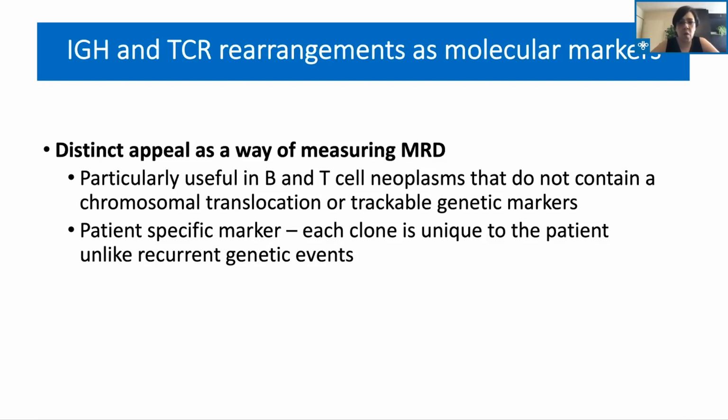Patients with a specific rearrangement that can be identified at the time of initial diagnosis usually have clones that are not only unique to the patient, but also highly stable and highly trackable, unlike recurrent genetic events, which may disappear and appear even if the patient has disease.